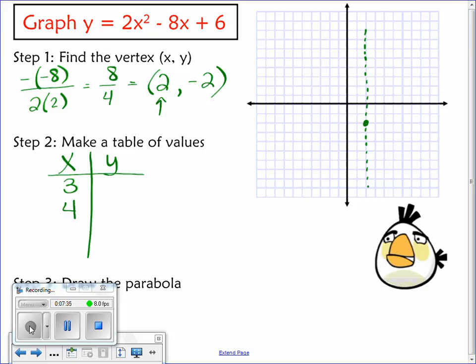Since my x value here is 2, I went 3, 4. If my x value had been a 5, I'd have gone 6, 7. That's your best shot of getting it to stay on your graph. If it was -5, I'd go -4, -3.